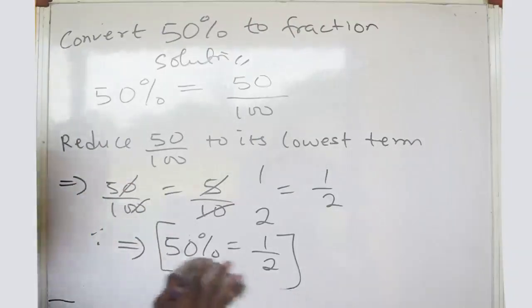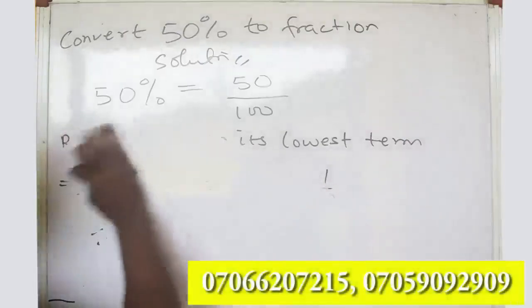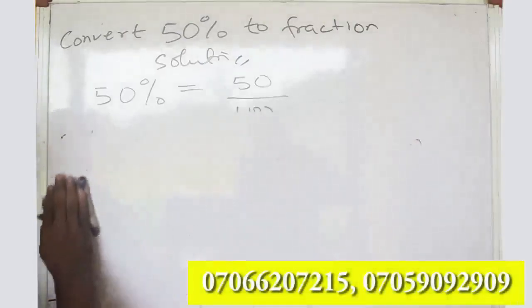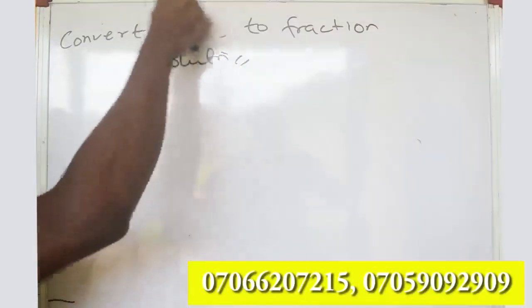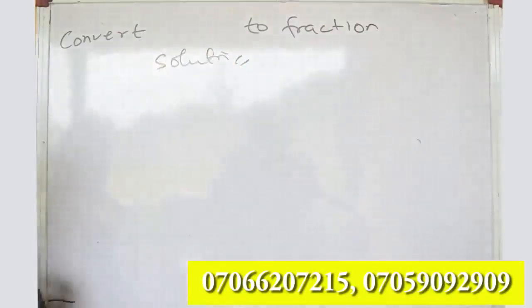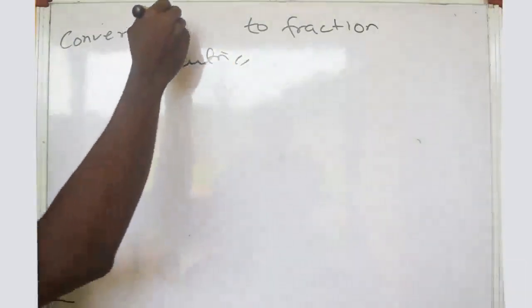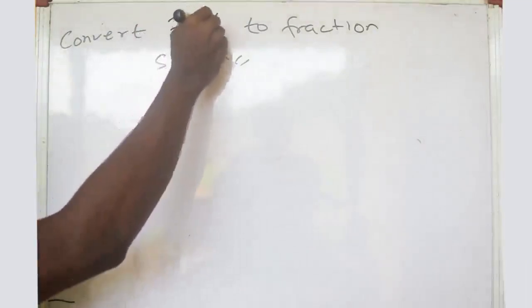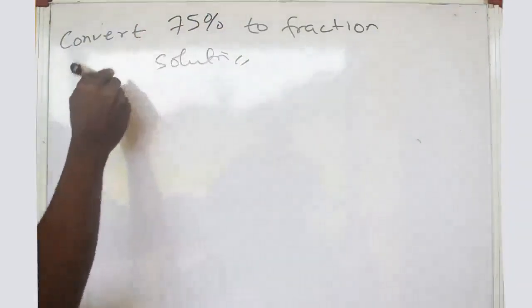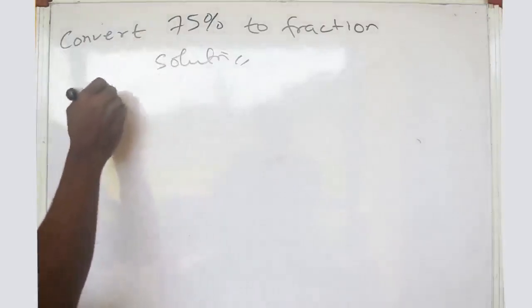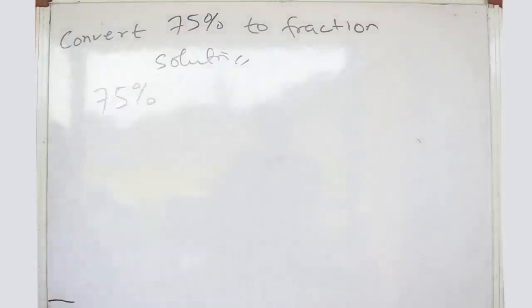Okay, so let me also give you guys more and more examples. So supposing we say convert 75% to fraction. So you write down this question, solution, after that you write down the question.